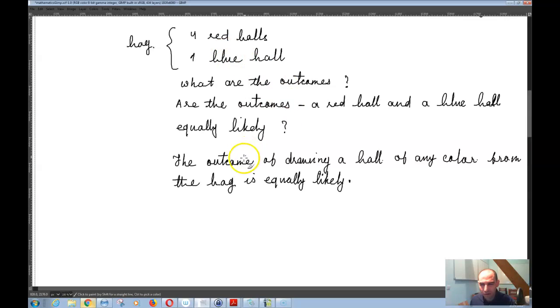That is what was meant by this question. So you can say that all experiments do not necessarily have equally likely outcomes. Of course it's important to understand what is meant exactly by this question.